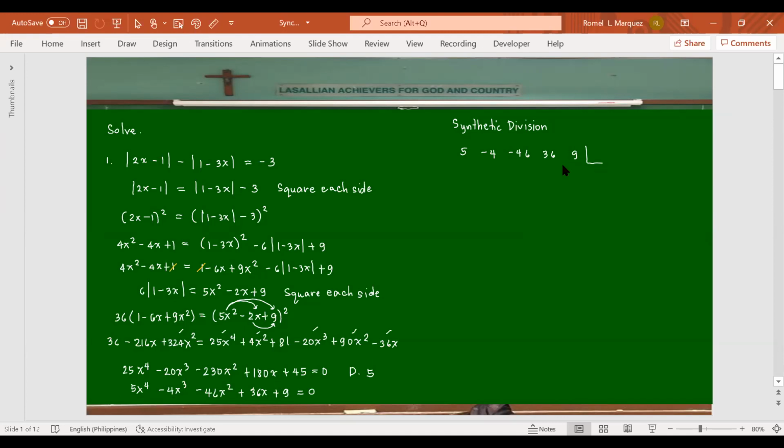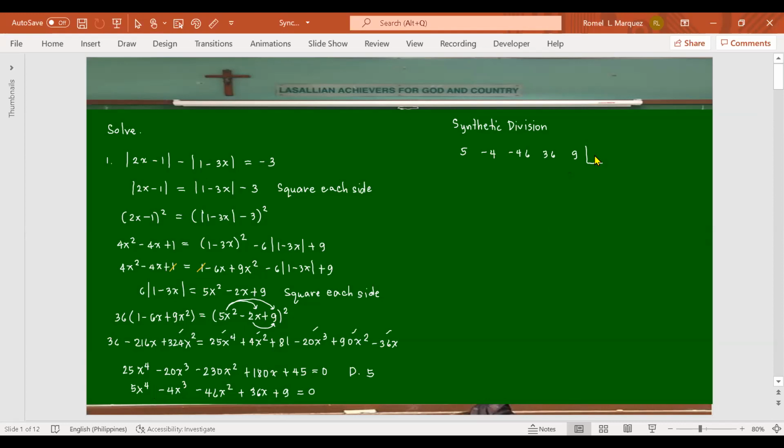So let's start with 1. 5 times 1 to the 4th, minus 4 times 1 cubed, minus 46 times 1 squared, plus 36 times 1, plus 9 equals what? Equals 0.